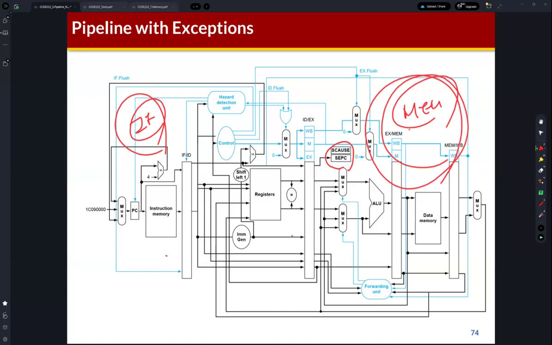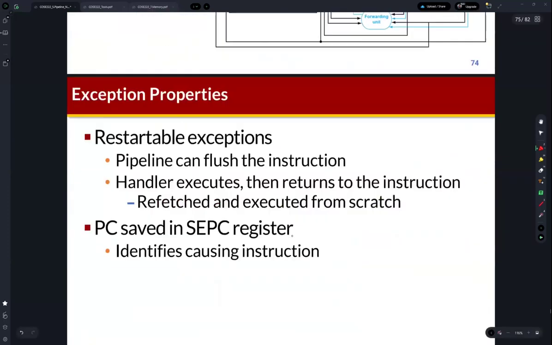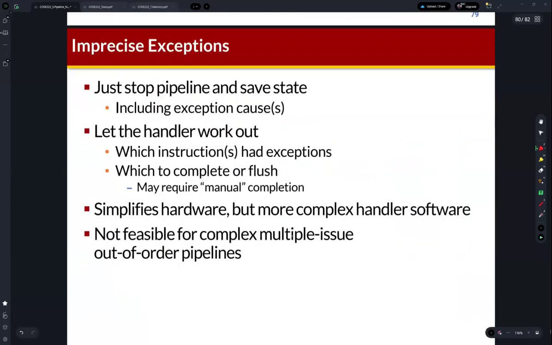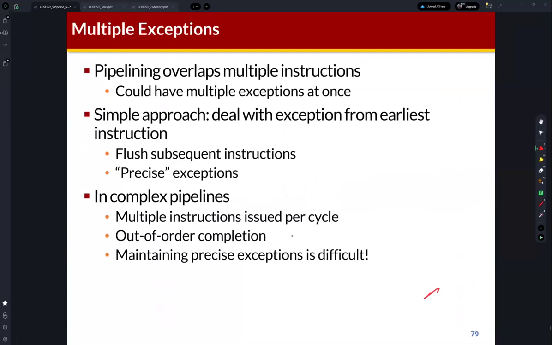This is called the precise exception. So there are multiple exceptions, and we can find the precise exceptions. Precise exceptions mean the exceptions are handled in the order of instructions, not the exception detection time, right?